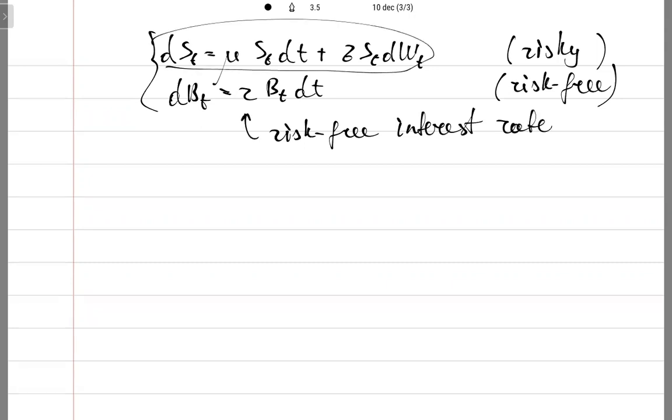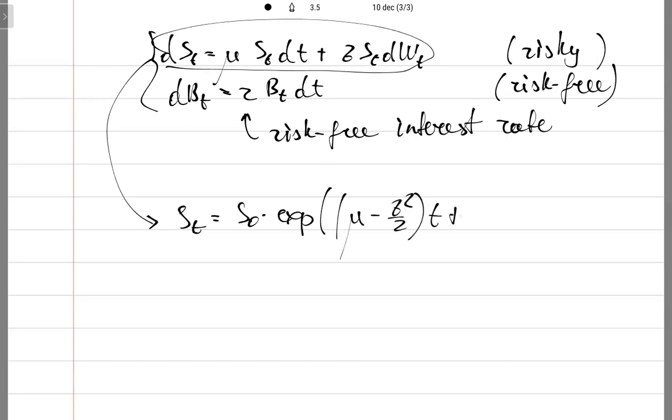And if we solve this equation, we have St is S0 times exp((mu minus sigma squared over 2)t plus sigma Wt).